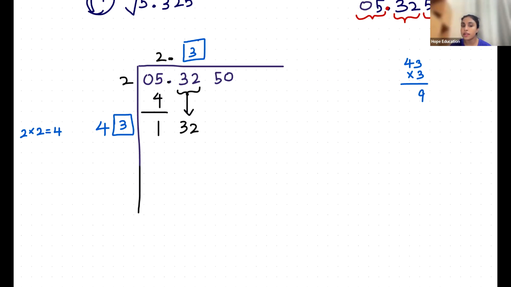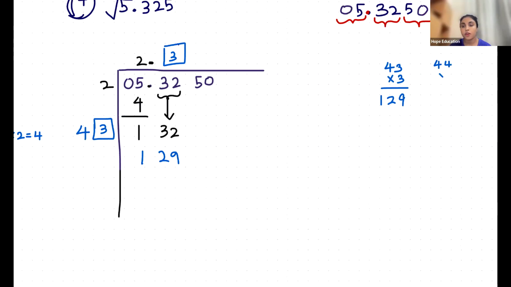So we have 129. That seems pretty close, no? Just in case, you can put 4 and 4 and see. So 43 multiplied by 4. 4 times 3 is 12. 4 times 4 is 16 plus 1, 17. That is too much. So it's 129.